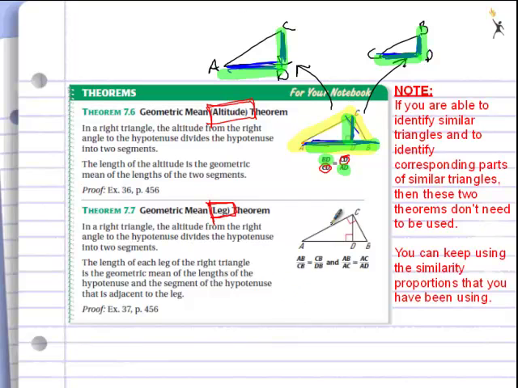My largest triangle has the 90-degree angle up and the hypotenuse down, so that's the way I'm going to draw them. I have D as my right angle in this triangle. C would be here, and A would be here. And then in the other one, D is still the right angle, except that C is here and B is here.